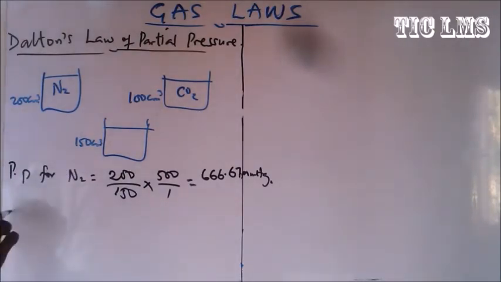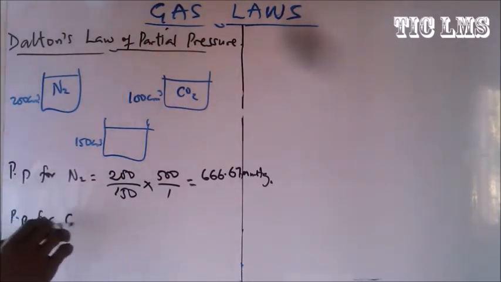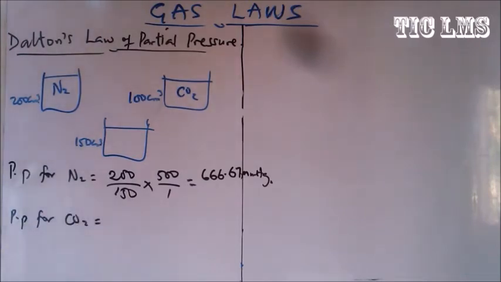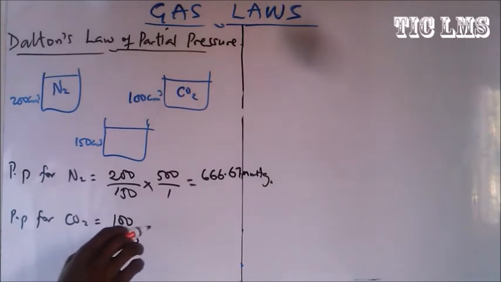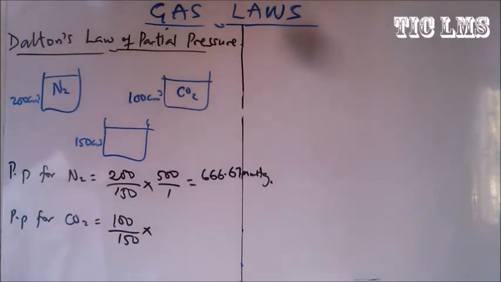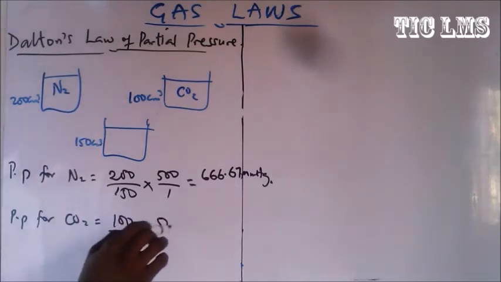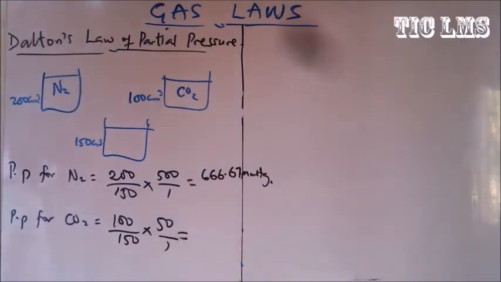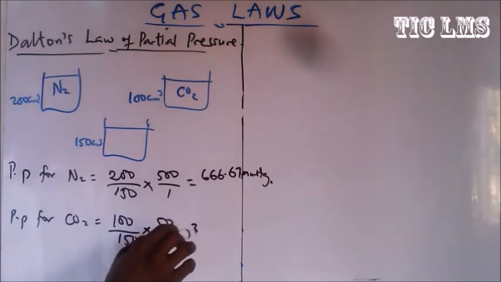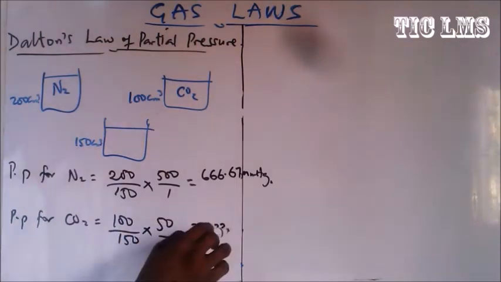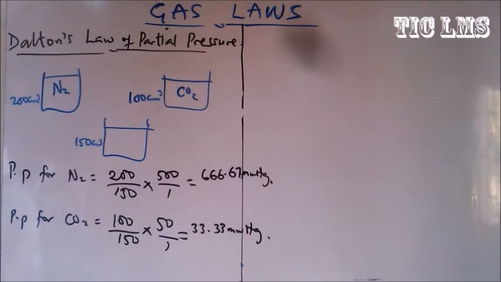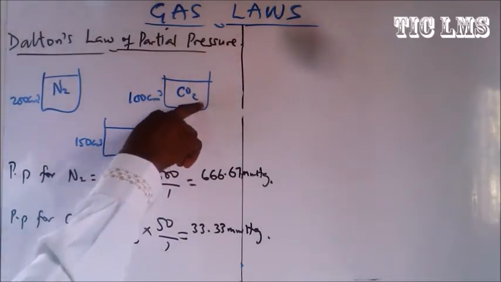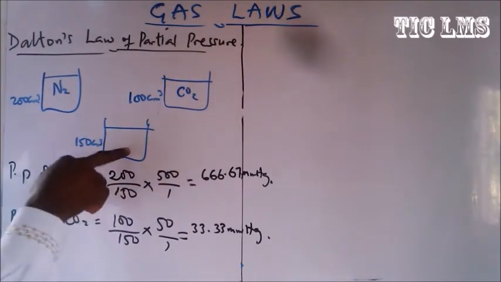Then we will find the partial pressure for carbon dioxide gas. We have 100 cm cubed of it over 150 cm cubed multiplied by its own initial pressure, which was 50 millimeter mercury. Now when we multiply this out, we have 33.33 millimeter mercury. So the pressure, which was 50 millimeter mercury before, has reduced.